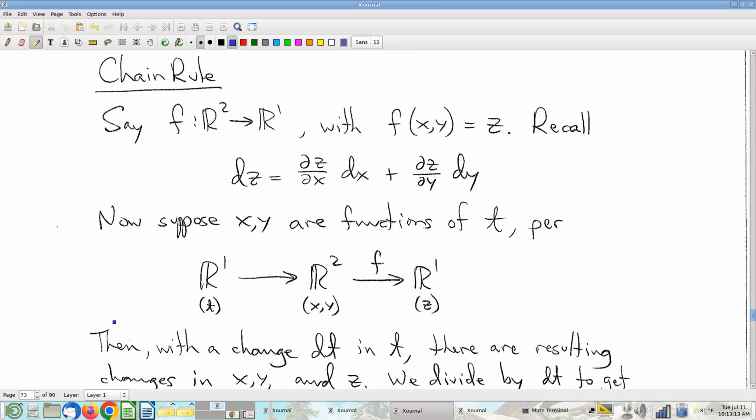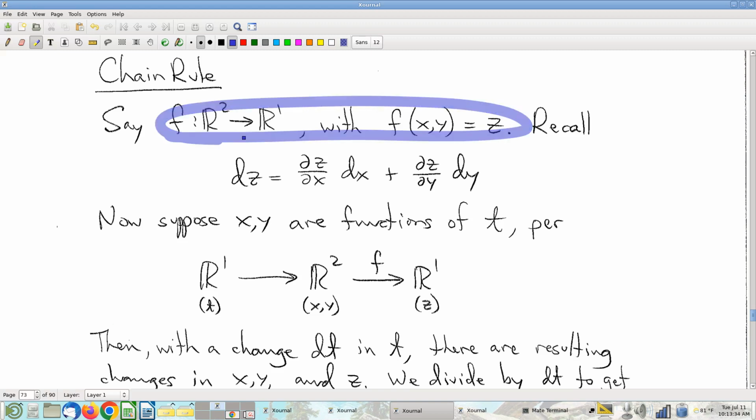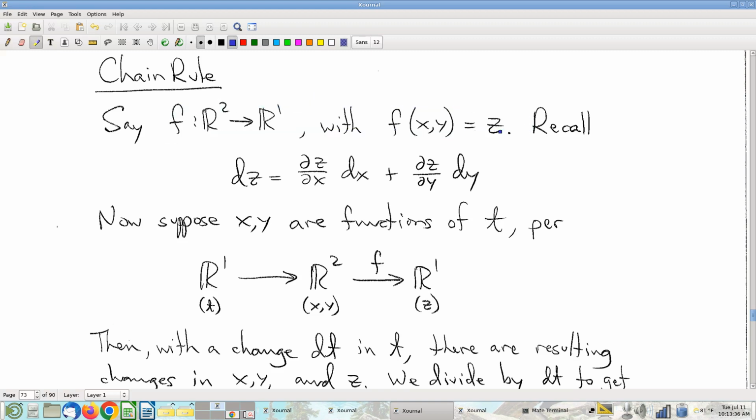Okay, so off to the chain rule. Y'all remember that there was a single variable chain rule. It's how you take derivatives of compositions of functions. It's basically what we're going to be doing here. Here is a scenario. Y'all will recall that if you have a multivariable function, here's how you can write the differential.